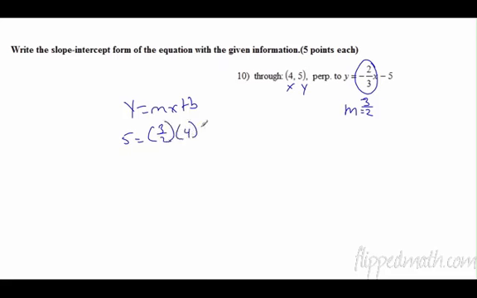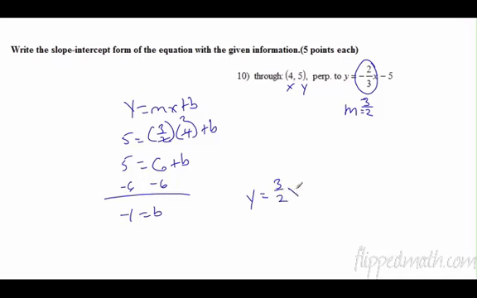My x was 4 plus b. 2 goes into 4 twice. 3 times 2 is 6. So 5 equals 6 plus b. Subtract 6. Negative 1 equals b. And here we go. Y equals 3 halves x minus 1.